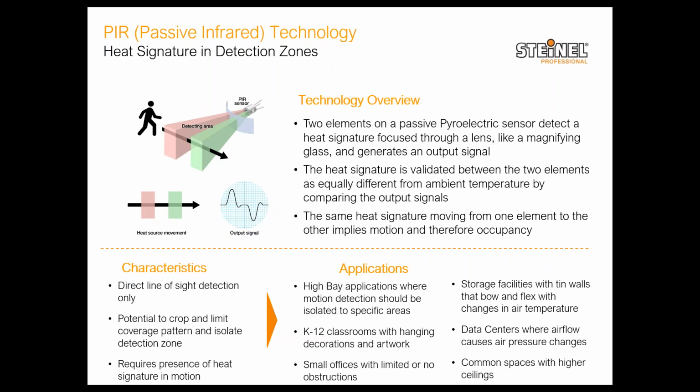The other characteristic is the requirement of heat signature in motion for detection of presence. So if you sit quite still, or let's say you're taking a nap, there's a good chance that the sensor won't see you because you're now just a stationary heat source.